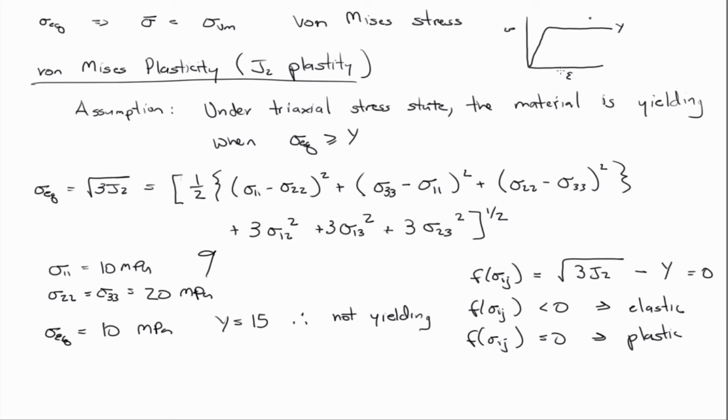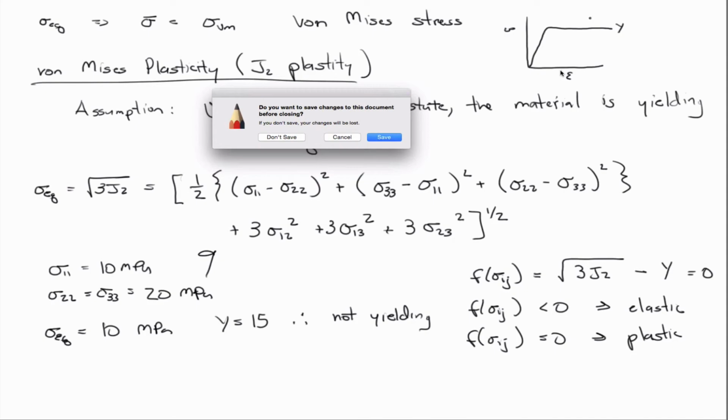So one way to visualize this would be in principal stress space. So this is sigma 1, sigma 2, sigma 3. I'm looking right down the axis, the sigma 1 equals sigma 2 equals sigma 3 axis. We're looking right down it.